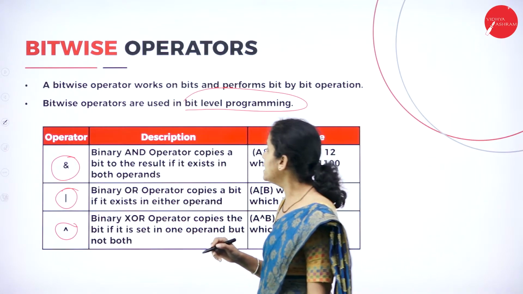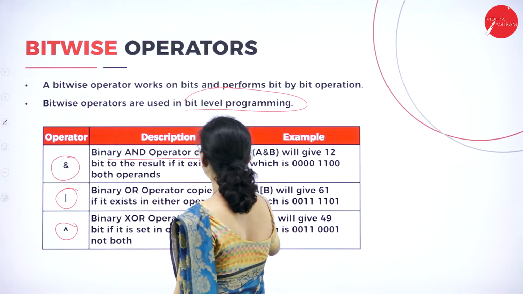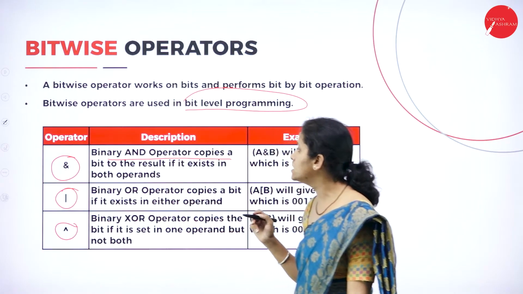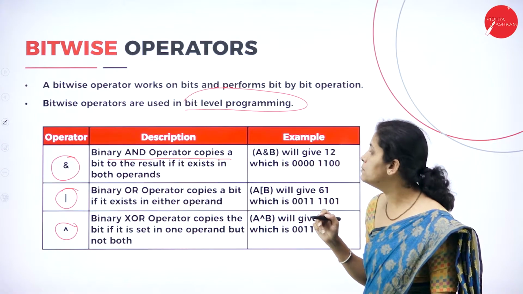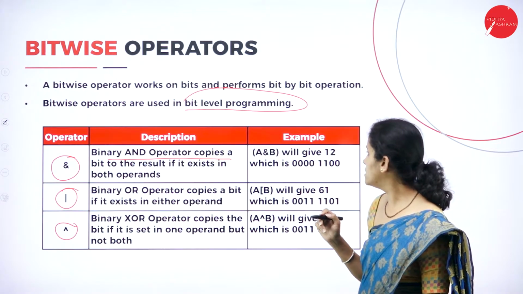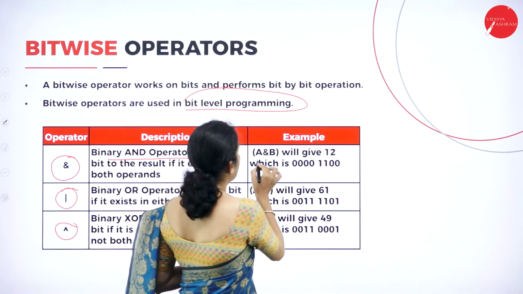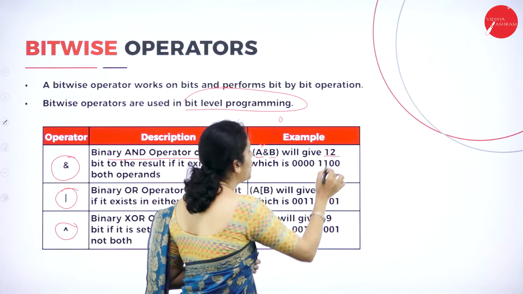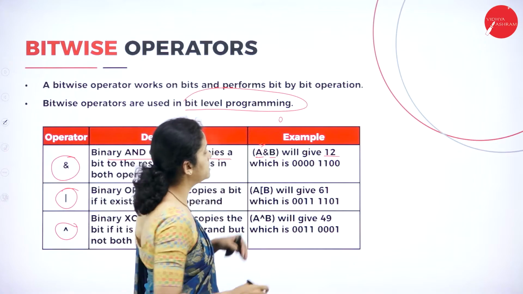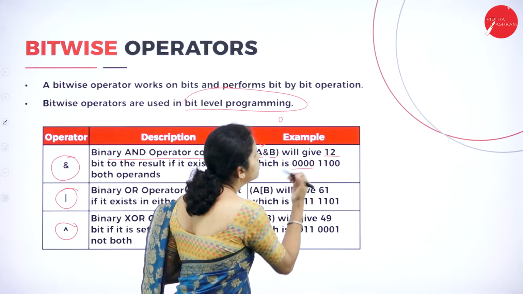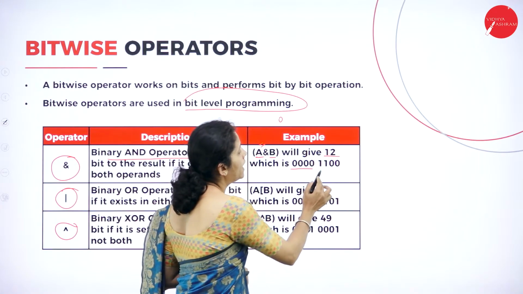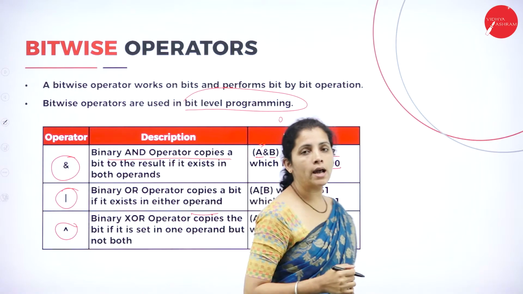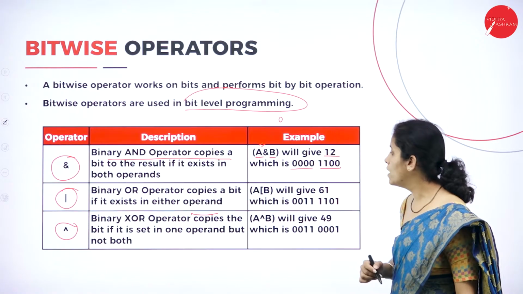The binary AND operator copies a bit to the result if it exists in both the operands. Now my A value is 60 and B is 12, and I'm going to represent that in the form of 0 0 0 and 12 is nothing but 1 1 0 0.